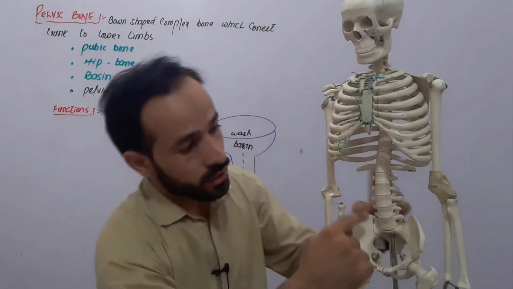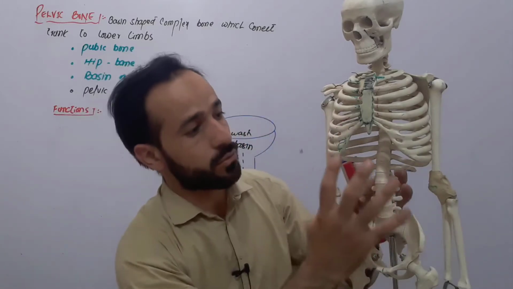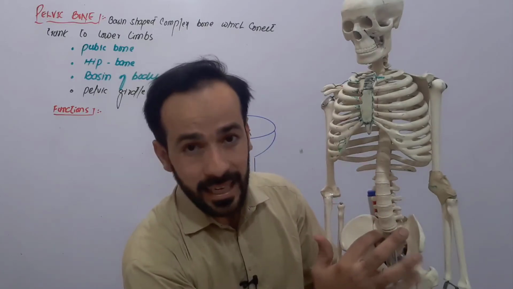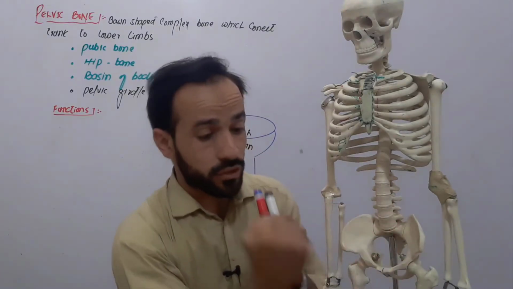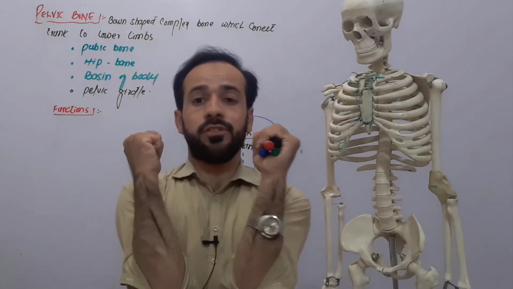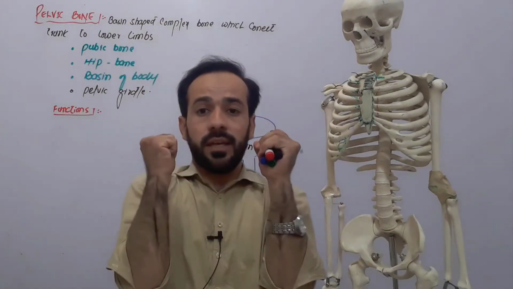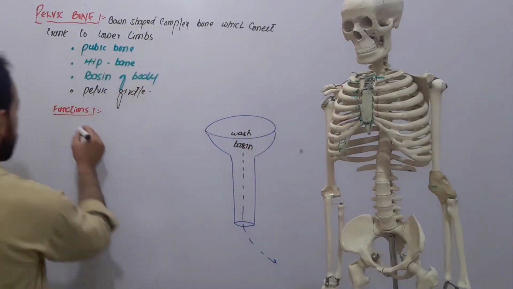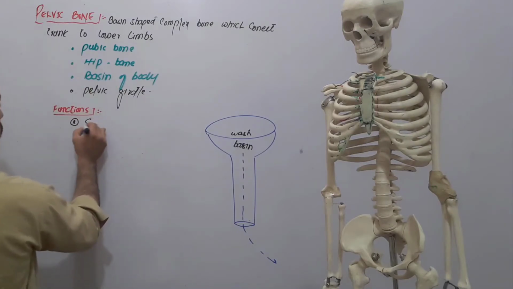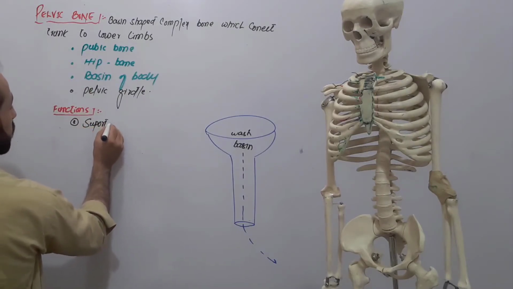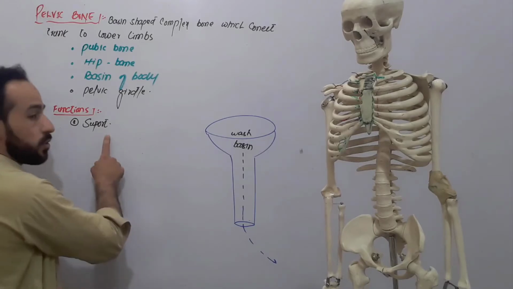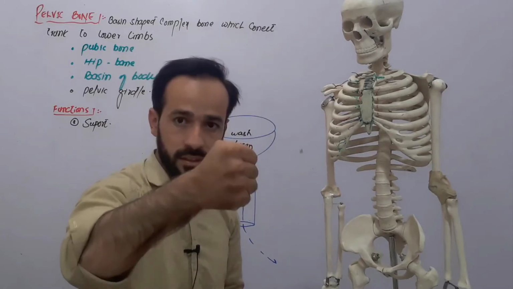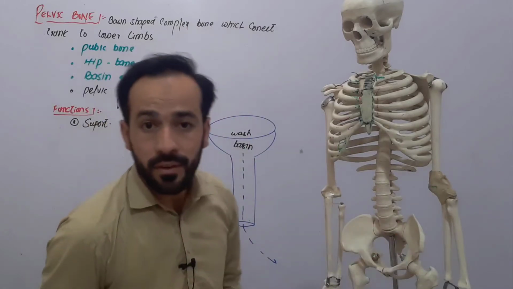Look carefully, your axial skeleton is wholly in contact with this pelvic bone, so it keeps your axial skeleton in its position. So the first function is the support function. The pelvic bone supports your axial skeleton, as your axial skeleton is located on your pelvic bone.